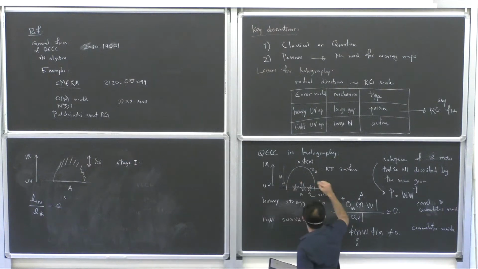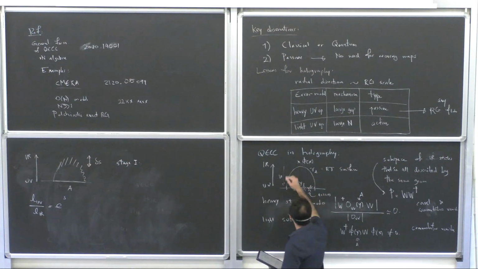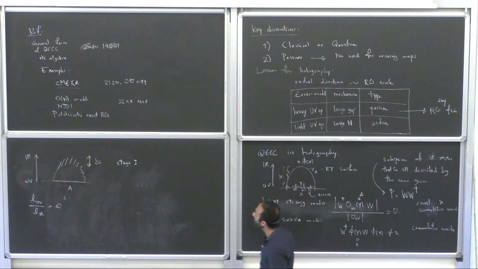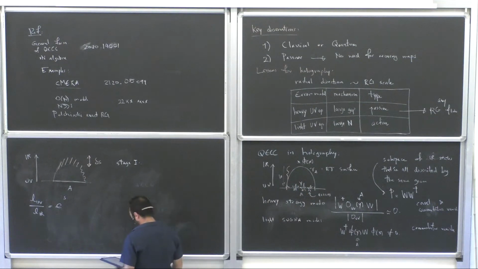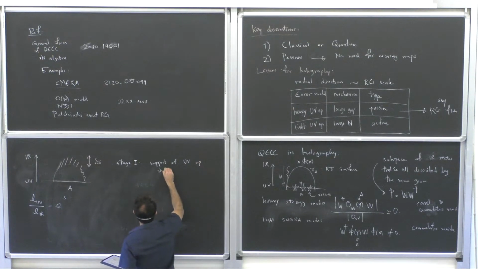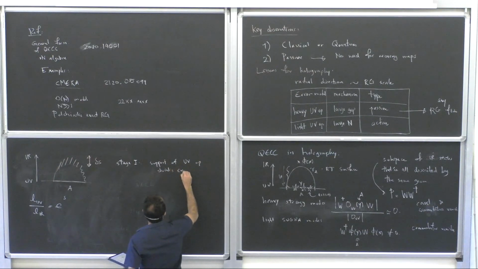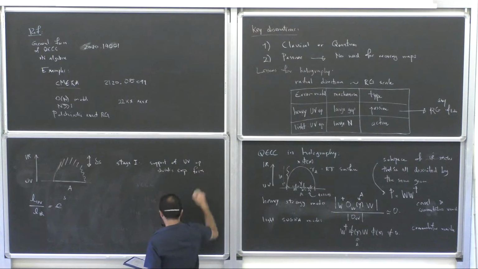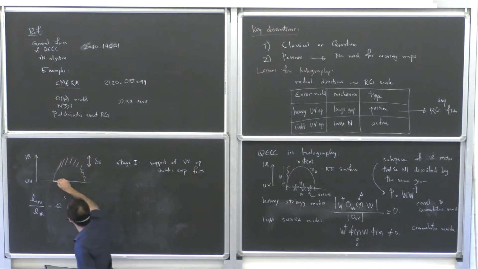The support of the UV operators shrinks exponentially fast. So if the operator was supported on A, as I flow to some other scale, its support is shrinking.